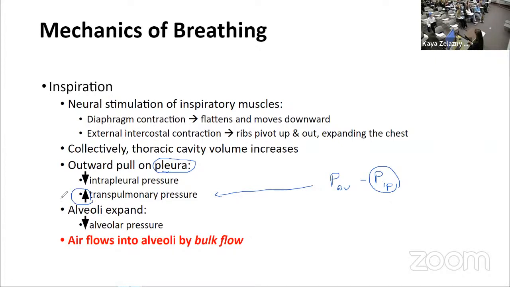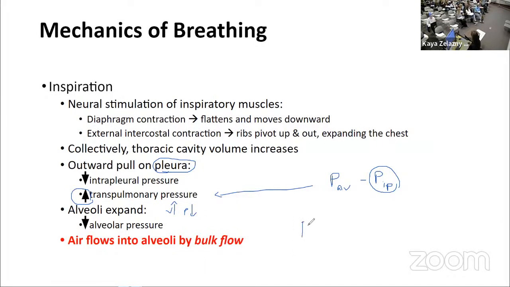This is the force that ultimately causes those alveoli to expand, because they have a pressure pulling on them. As the alveoli expand, that's the volume we're ultimately caring about when we're looking for alveolar pressure. So our pressure drops down. This is what creates our flow into the alveoli.